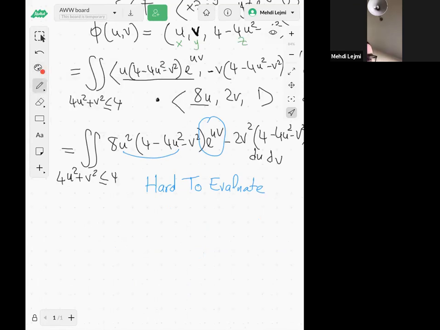So let's find a smarter, easier way to evaluate this integral. Let's try to use Stokes' theorem.